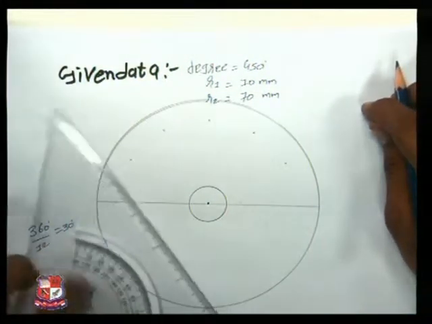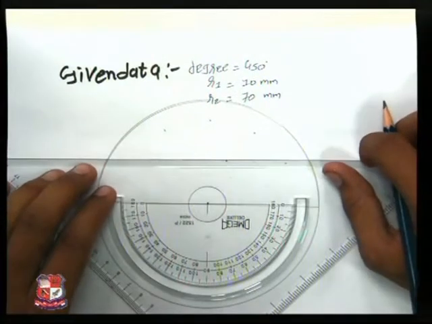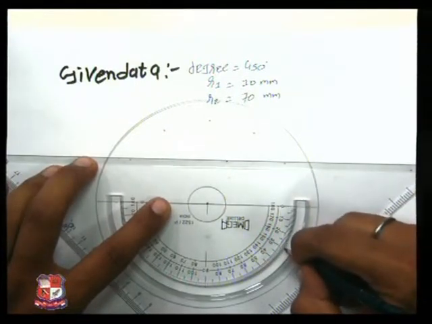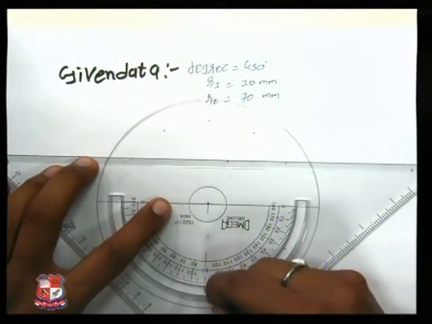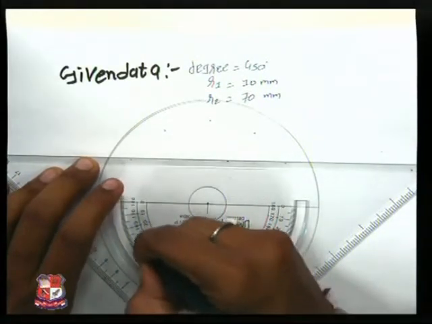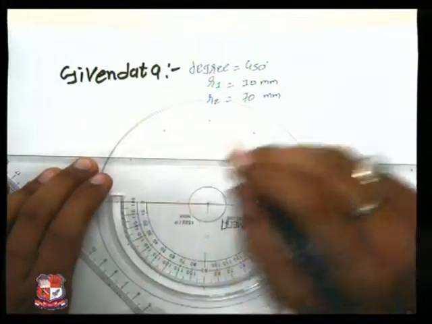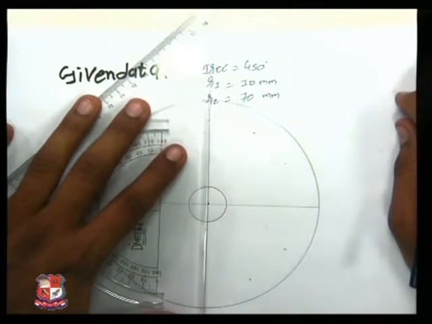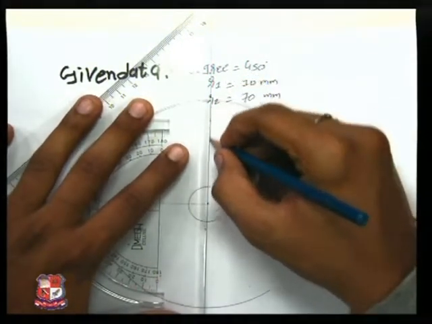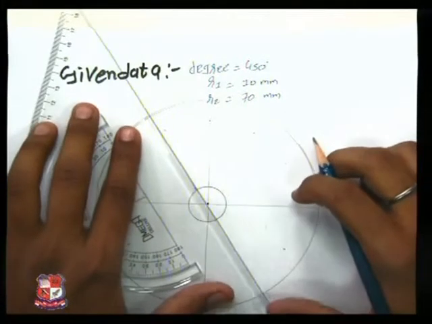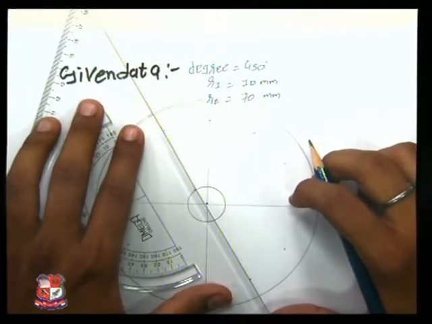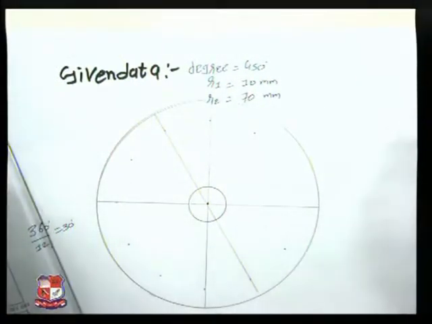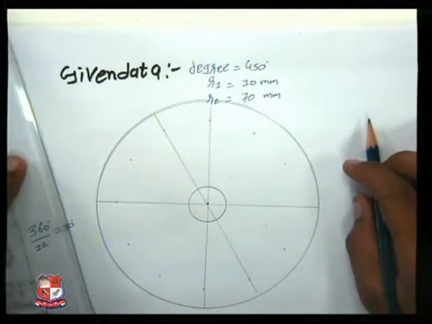We have got the points. In the same way on the opposite side, we will mark points 30, 60, 90, 120, 150 and 180. Now we will join these points using very thin lines. All the lines would be passing through the center of the two circles.